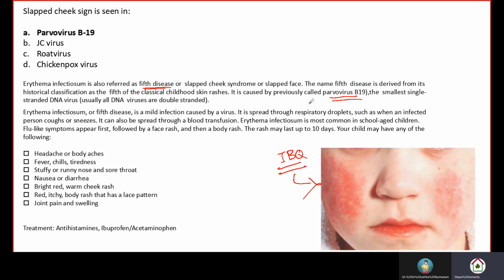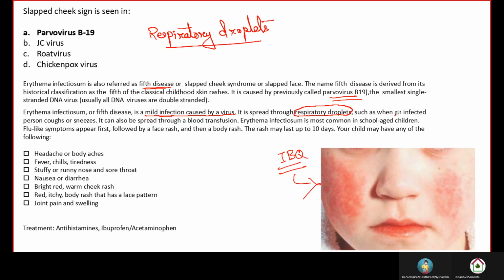Fifth disease or erythema infectiosum is a mild infection spread through respiratory droplets, such as when an infected person coughs or sneezes. It can also spread through blood transfusion.